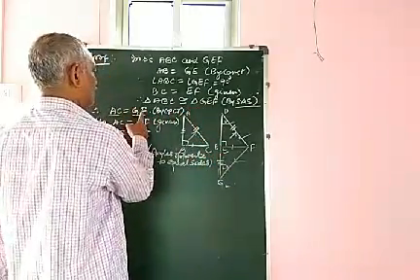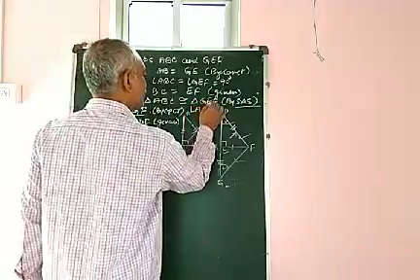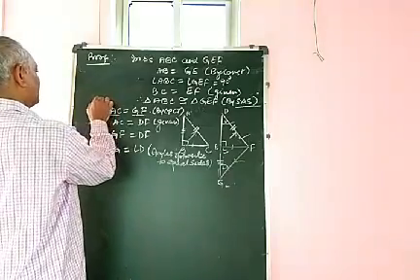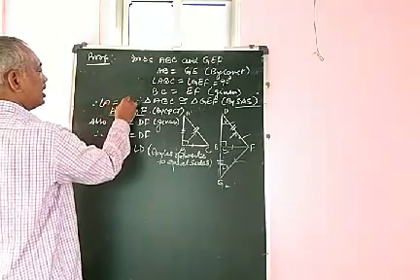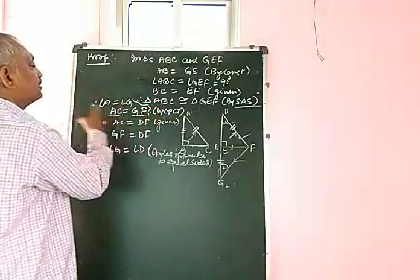Therefore, AC is equal to GF by CPCT, and angle A is equal to angle G, both by CPCT.